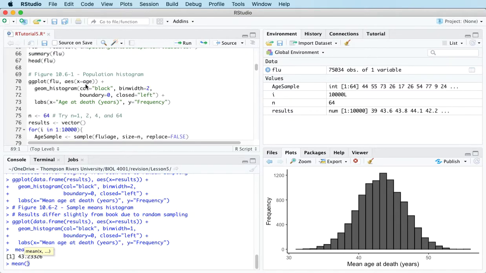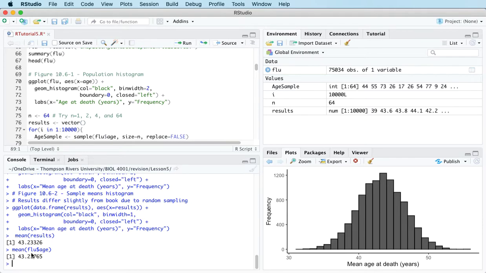So the population variable is called flu age. Okay, very close. And it's because we're taking quite large samples by now, sizes of 64. We're doing that 10,000 times, and so the mean of those sample means is very close to the population mean.